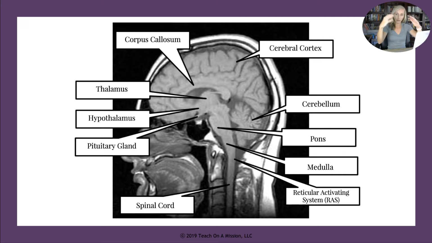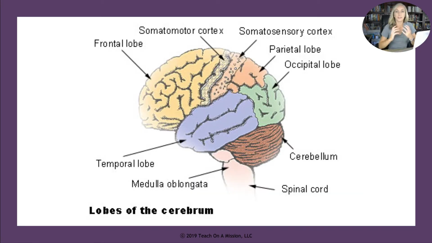Then on the outside of it, the very outermost layer is the cerebral cortex. You can't really see it all that well here. Just know that it's the outermost layer that really gets in there and in the grooves and everything.